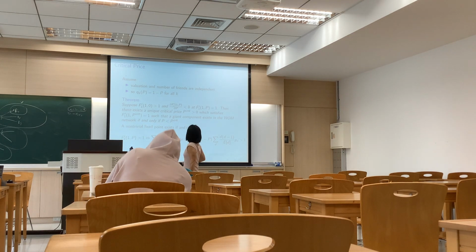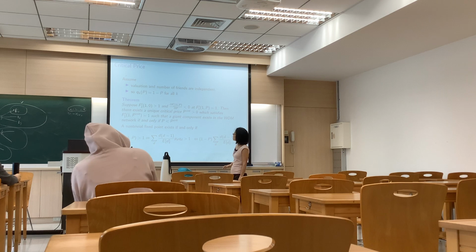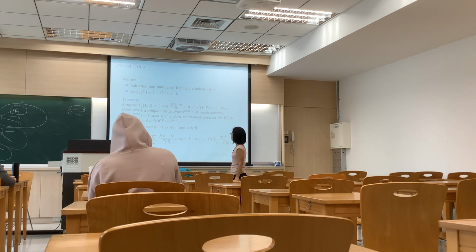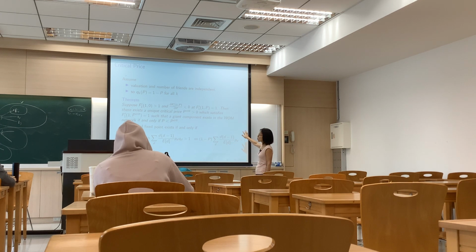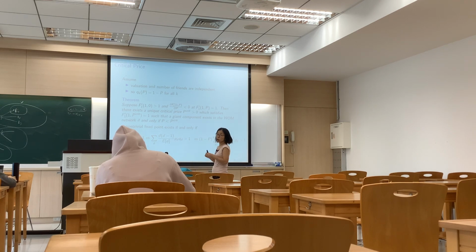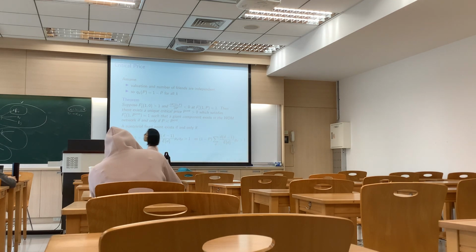If that is the case, then there exists a unique critical price that is strictly positive, such that a giant component exists in the word of mouth network if and only if price is lower than this critical price. This critical price is such that the expected number of friends J has is exactly equal to 1.